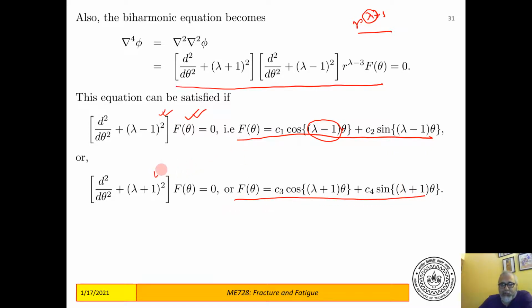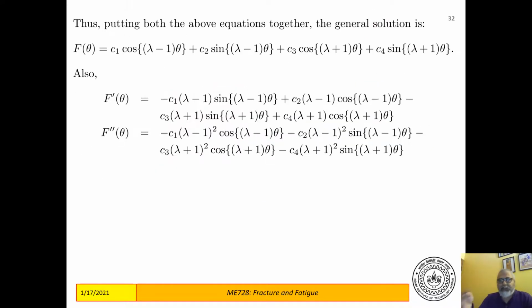Since this is a fourth order differential equation, you have four constants here. Now the total solution of the fourth order differential equation can be a combination of these two. So the most general solution would be of this form, which is a combination of the lambda minus 1 and lambda plus 1 terms, right?